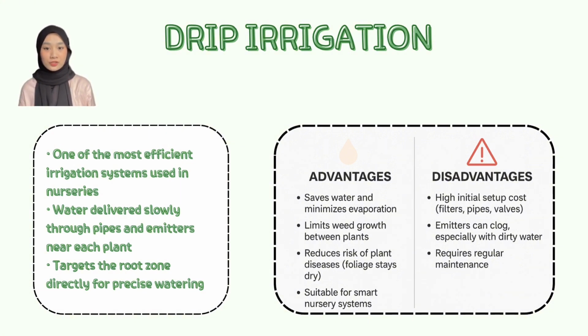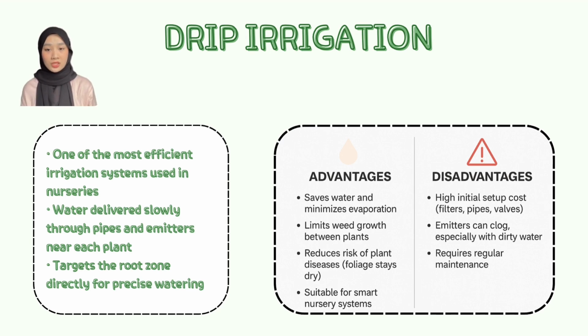The water goes directly to the root zone. Among the key advantages, it saves water, reduces evaporation, limits weed growth, and lowers the risk of disease because the foliage stays dry. However, it also has some disadvantages.